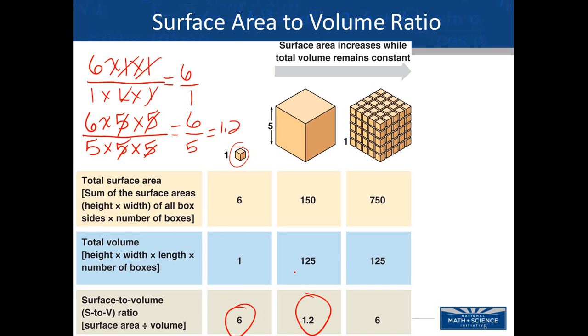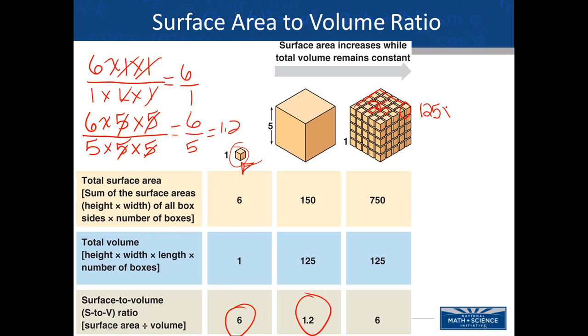So is there any way we could adjust this so that we would still have a 6 to 1 ratio? Well, if we take that cube and divide it into smaller cubes, let's determine the surface area. Each one of these cubes is going to be the same size as the original one. If we count this up, this is 5 here, 5 here, and 5 here, so there are 25 on a layer, and there are 5 layers, so times 5, there are 125 cubes in this larger structure.